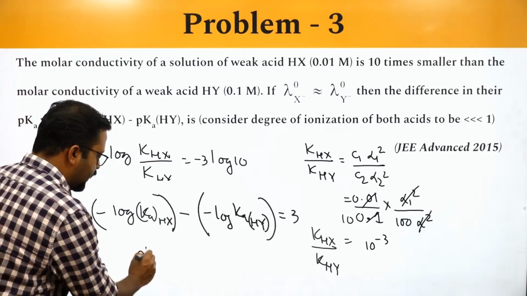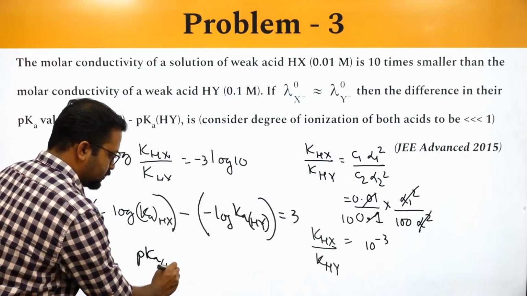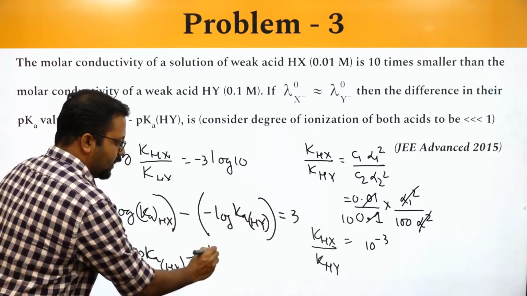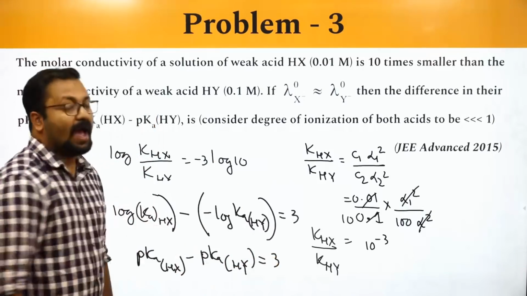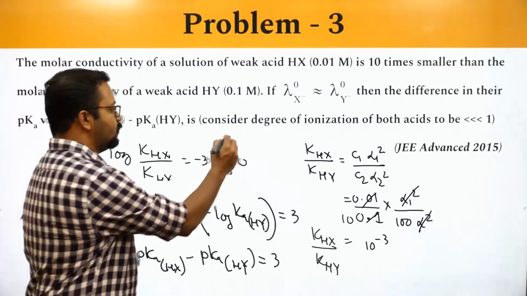This will become equal to pKa for Hx minus pKa for Hy, which will turn out to be equal to 3. So our answer for this question is equal to 3.